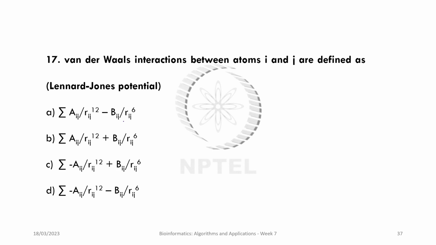Question 17. Van der Waals interaction between atoms I and J are defined as. So what is the formula for Lennard-Jones potential? Is it summation of Aij by Rij power 12 minus Bij by Rij power 6, or the signs just differ? Plus and minus here, minus and minus, plus and minus.